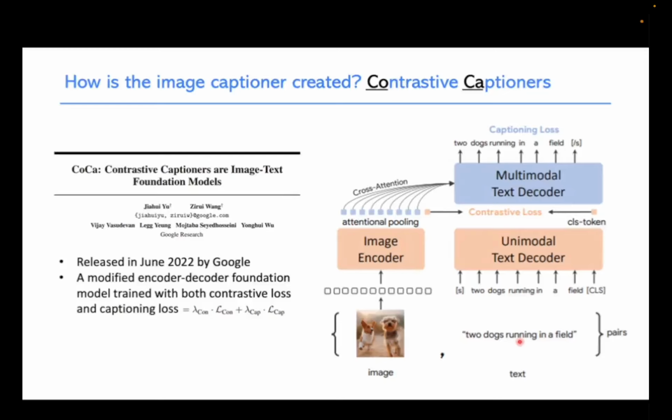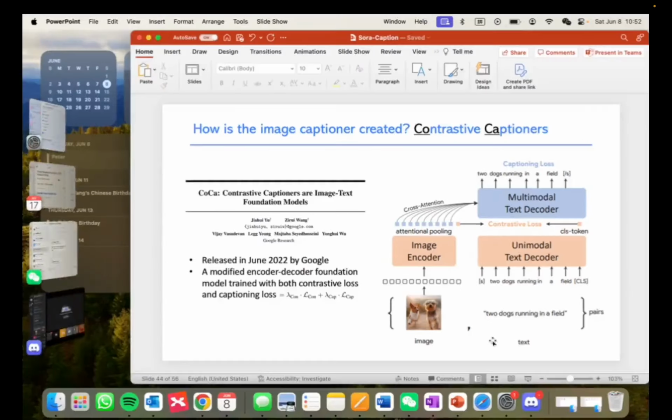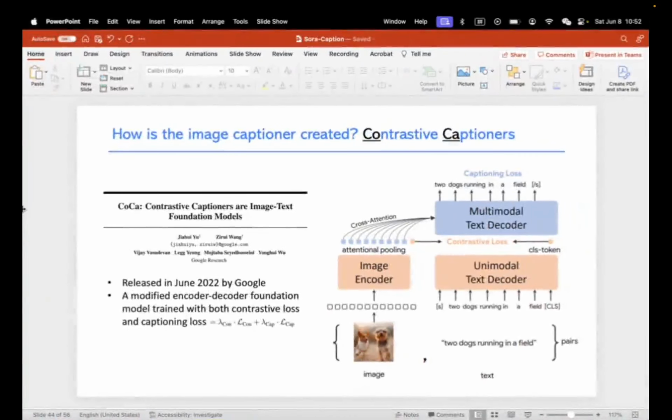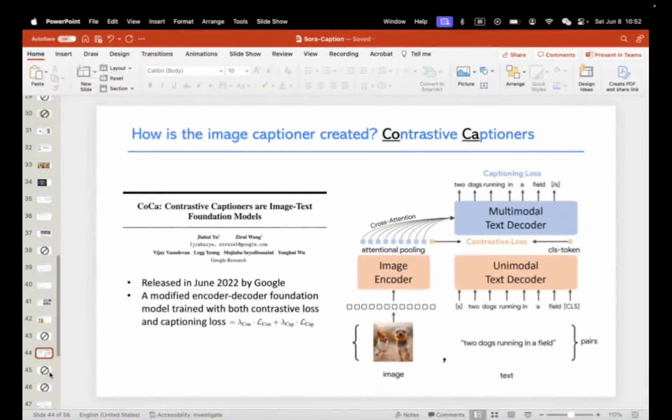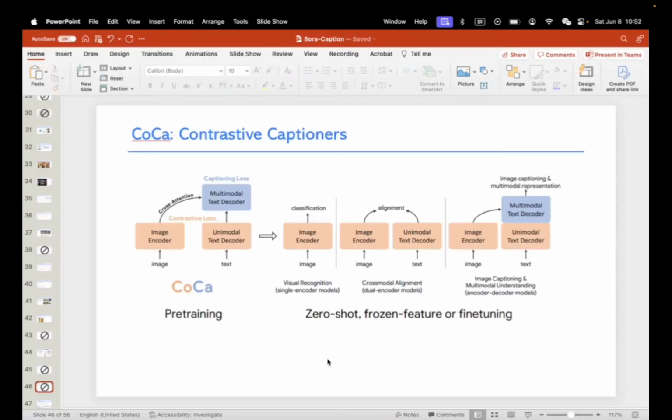The good thing about CoCa is that we train 3 encoders, so depending on the task you want to do, you can apply them differently. Here, in pre-training, we have this kind of structure, while in inference it can be applied to different tasks.